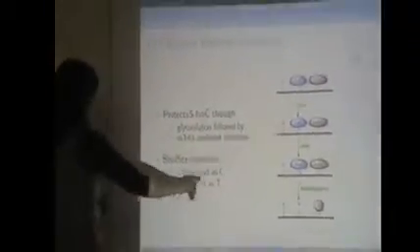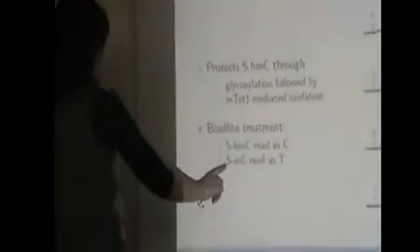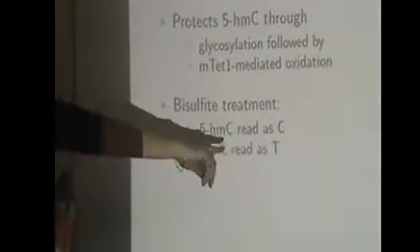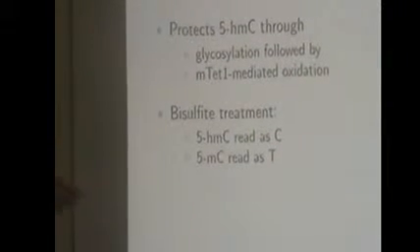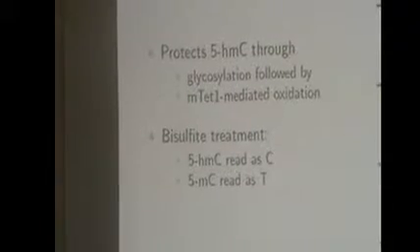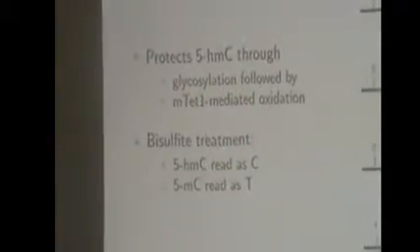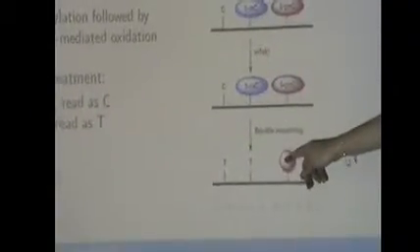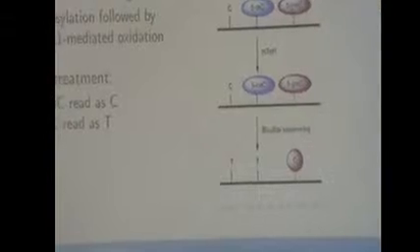And here in the end, the hydroxymethylated C reads again as a C, and the methylated C reads in the end as a T. So then, comparing again with the original sequence without having modified anything, you will know that it was hydroxymethylated when you have a C there, or if it was not.